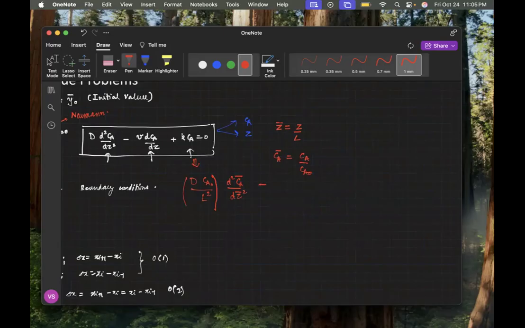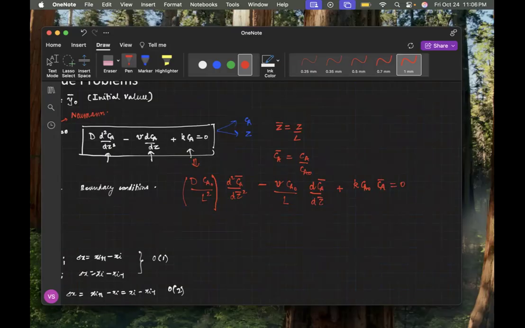And similarly, over here we get minus V Ca naught over L, d Ca bar by d Z bar, right? And finally, plus K Ca naught times Ca bar equals 0. So that becomes your equation.